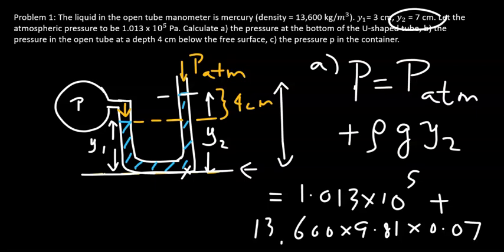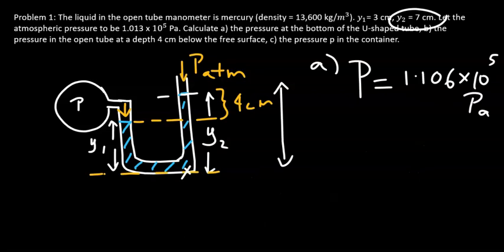So when you compute this, you get the following for the pressure P: 1.106 times 10 to the power 5 Pascal. So that's the answer for part A. I'm going to denote this pressure with a subscript B so that I can differentiate this pressure from the pressure P inside the container, which we will evaluate in part C.